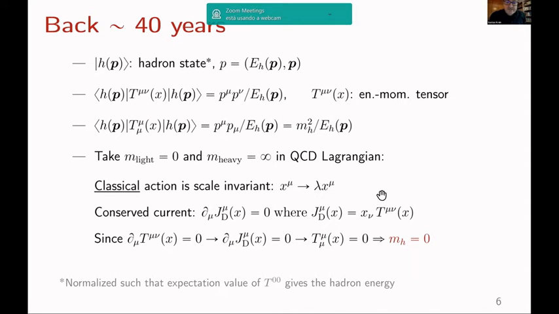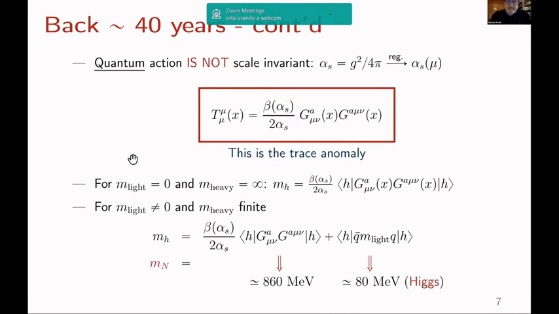So what is wrong with this argument? We know the proton is not massless. Okay? It's simply because all the analysis done on this slide was at the classical level. Okay, the quantum action, the quantum Lagrangian. Whatever calculation you want to do, you have to regularize it because of the ultraviolet divergences.